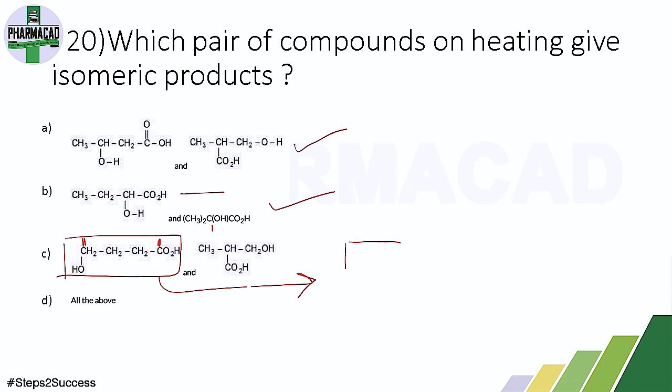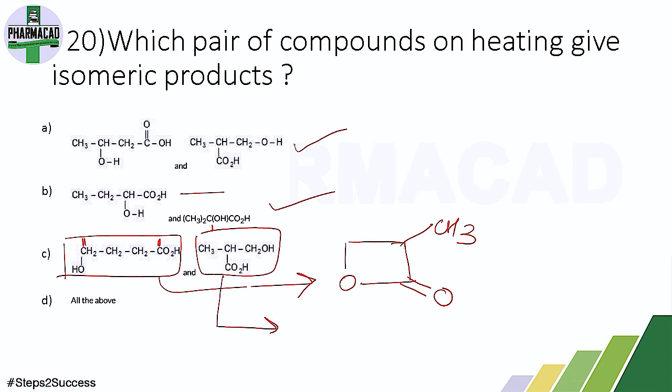The CH2 becomes a substituent, and over here is a double bond O. Whereas when we heat this, the OH from this carbon atom and hydrogen from this carbon atom will be removed, and we will get CH3, C double bond CH2, and this carbon is with COOH, that is CO2H.